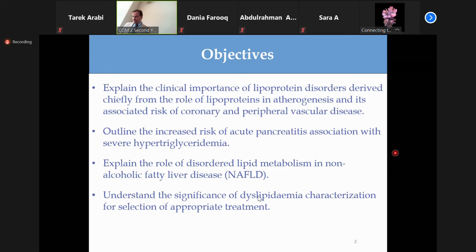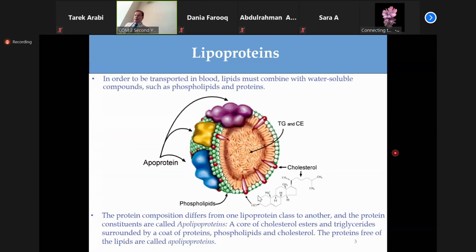Now, if you want to review the lipoproteins quickly, why do we have lipoproteins in our circulation? Why do we have lipoproteins? Transport of lipids. Why? Because lipid what?